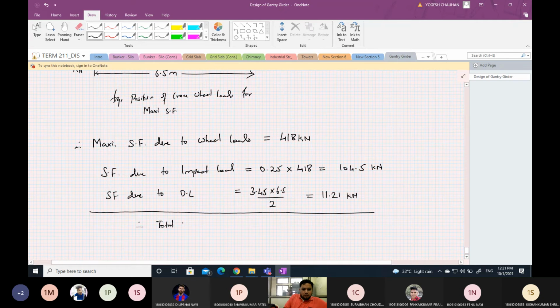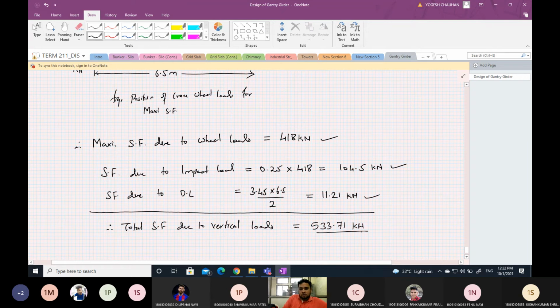So the total shear force due to vertical loads will be the sum of all these values, so that will be 533.71 kilonewton.